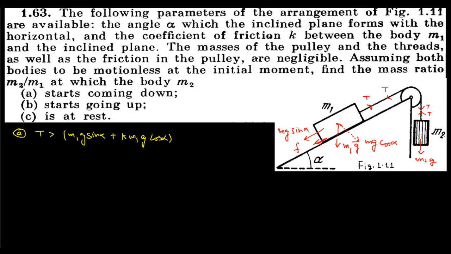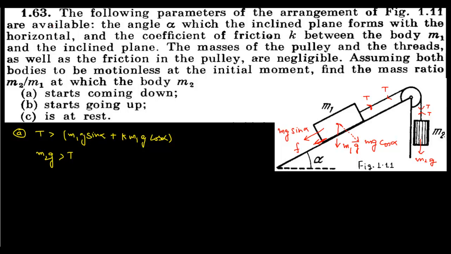And for this block of mass M2, M2G must be greater than T, only then this block M2 will come down and M1 will move up the incline.